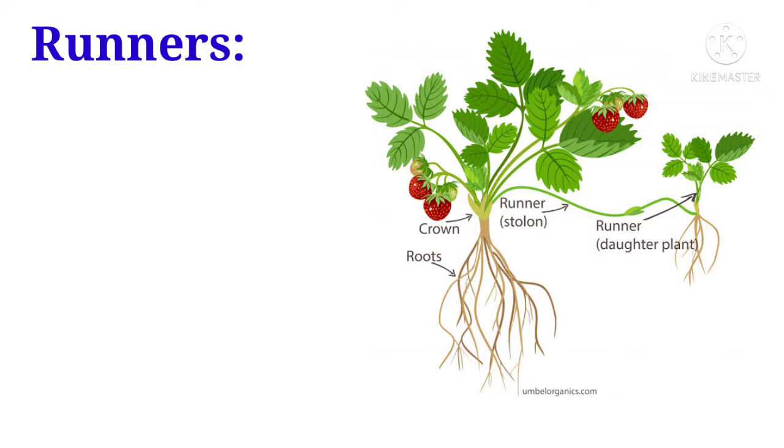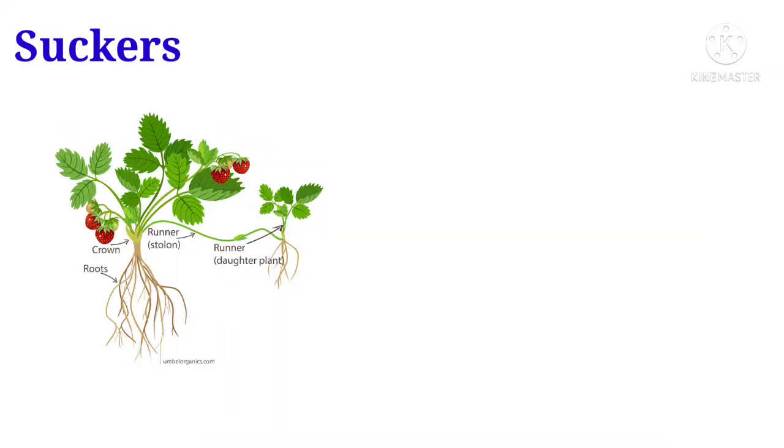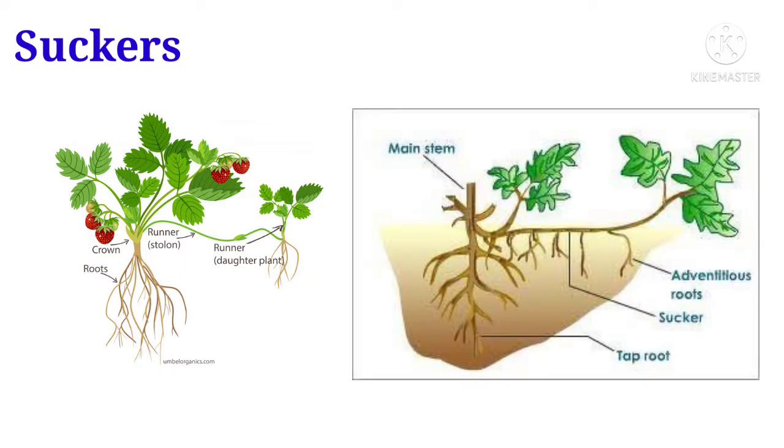And next concept is suckers. Suckers are very similar to runners, just like they are underground stems that run parallel to the ground. However, suckers run below the surface of the ground for some distance and then turn upward to produce a new plant.